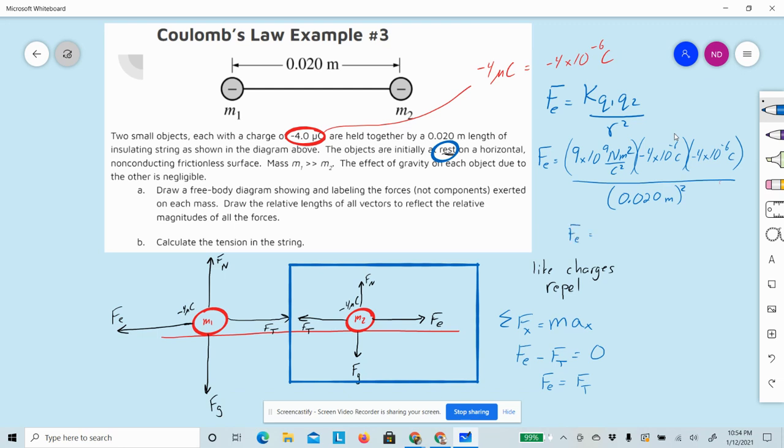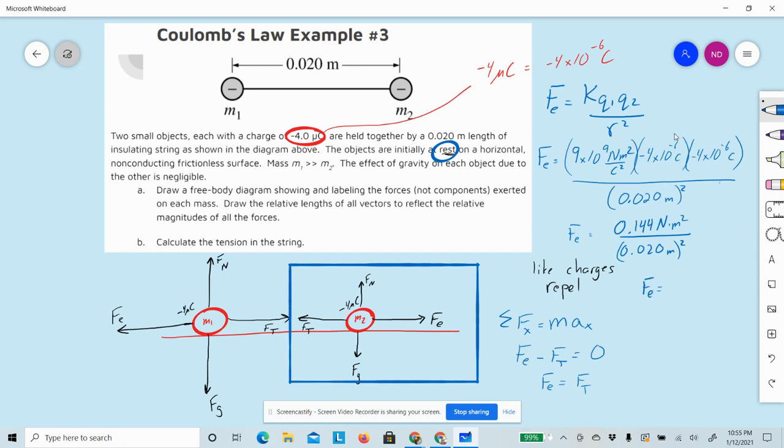So let's see, grab our calculators, do some math. Remember how to use scientific notation in your calculator. 9 EE 9 times 4 EE minus 6 times 4 EE minus 6 gives us 0.144 newton meters squared over 0.020 meters squared.